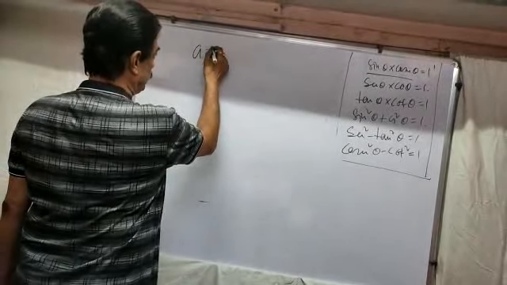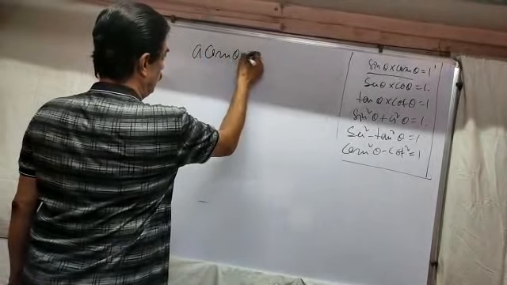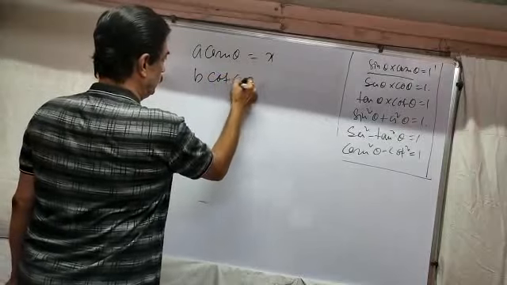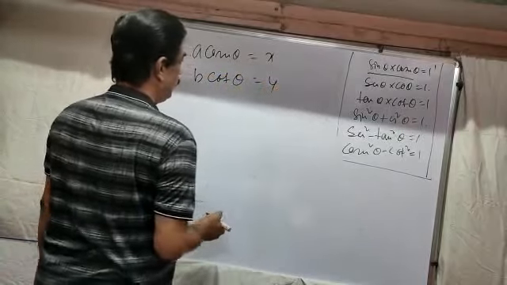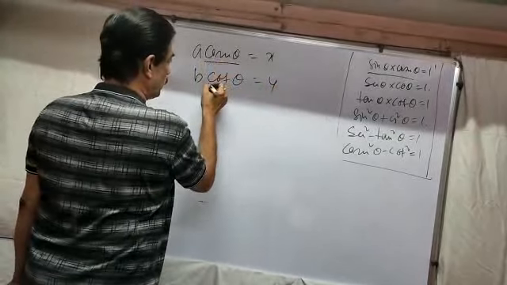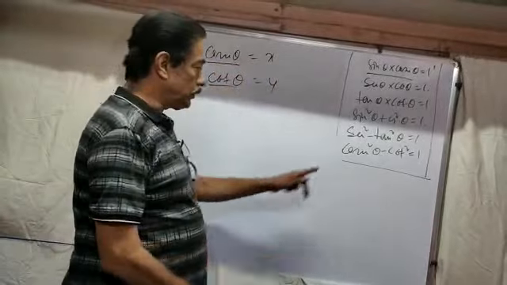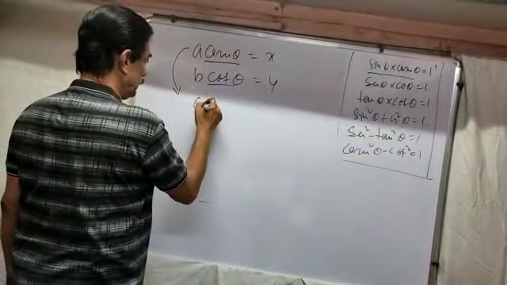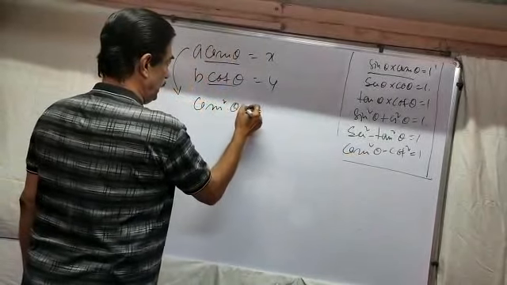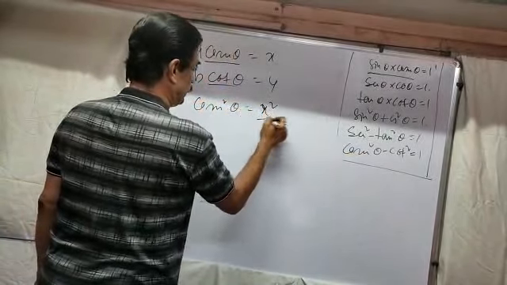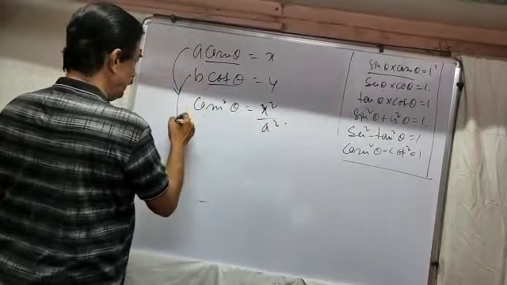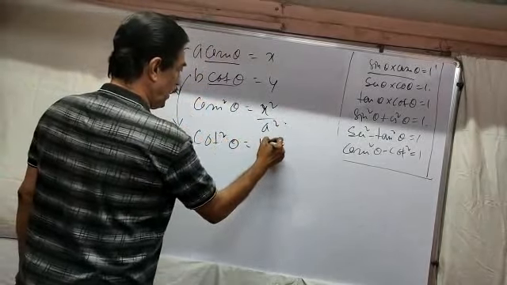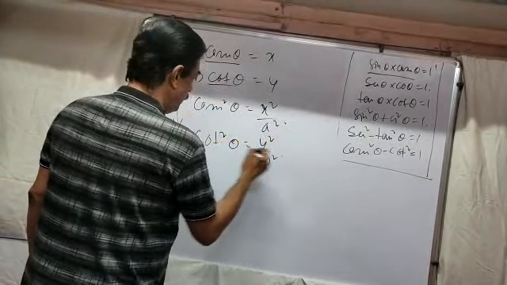a cosec theta equal to x, b cot theta equal to y. When cosec theta and cot theta are there, you have to use cosec square theta minus cot square theta equal to 1. So from here we can write cosec square theta equal to x square by a square, and from here cot square theta equal to y square by b square.